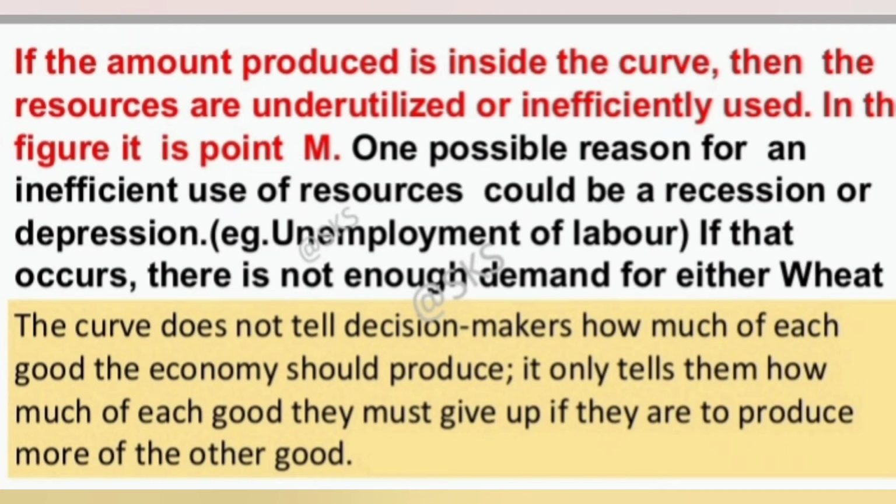When technology improves, more of both the goods can be produced, which shifts the PPC rightward or outward. When the resources in an economy increase, it can be an increase in capital or labor, then more of both the goods can be produced and the PP curve shifts upward or outward. So it shows economic growth.